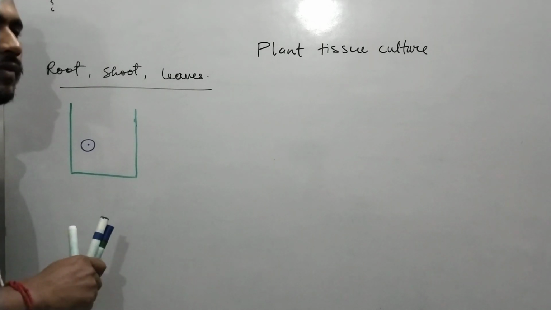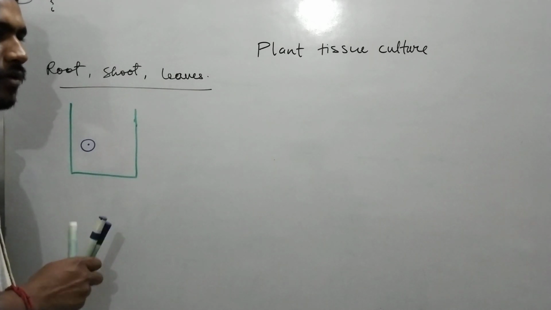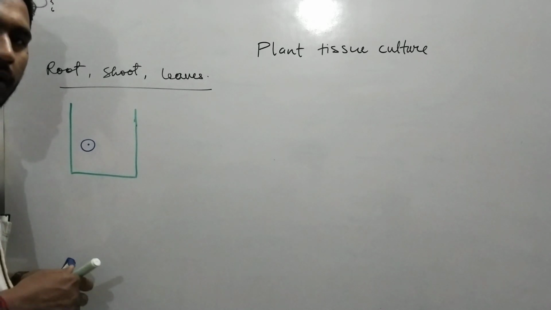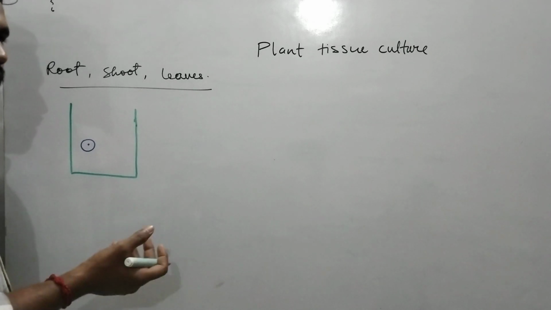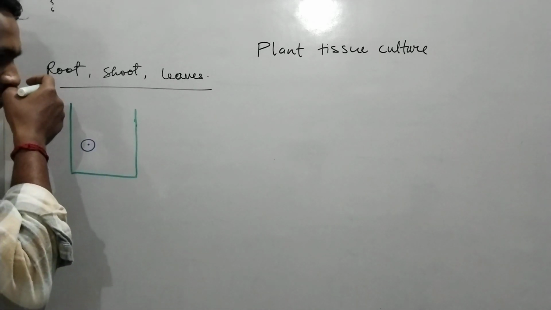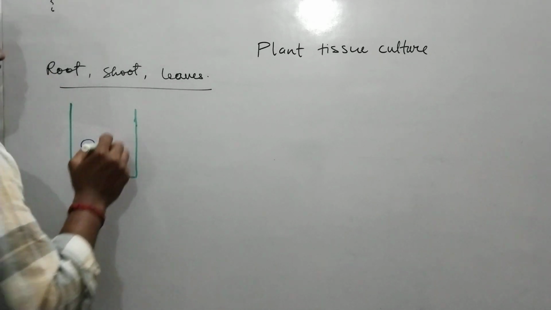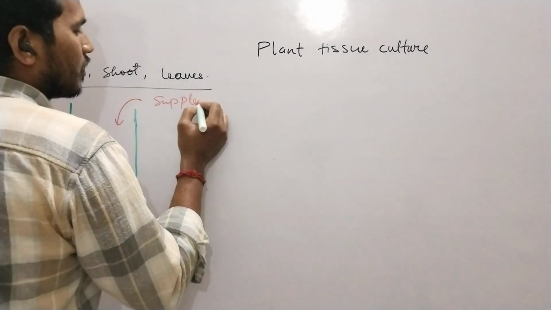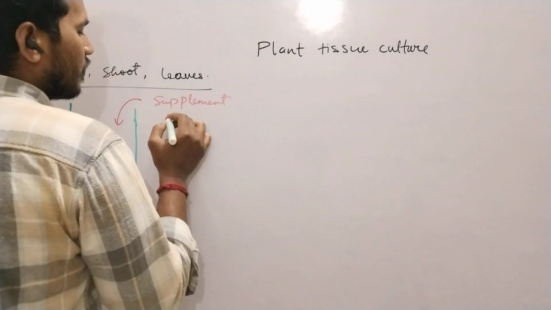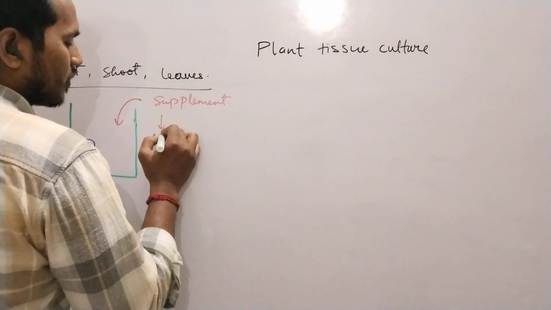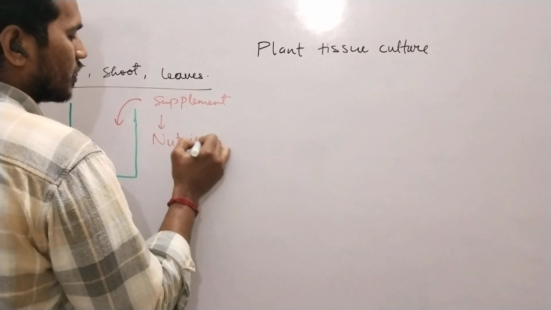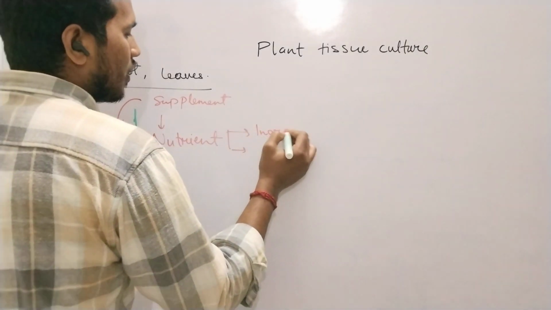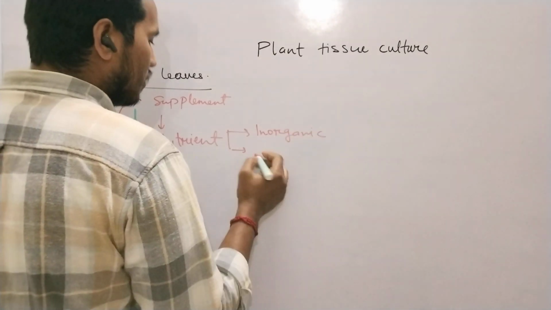We grow the plant outside the body, in a tube or in an experimental way. So we will add a supplement. In the supplement we will give nutrients, and nutrients are of two types: inorganic and organic.